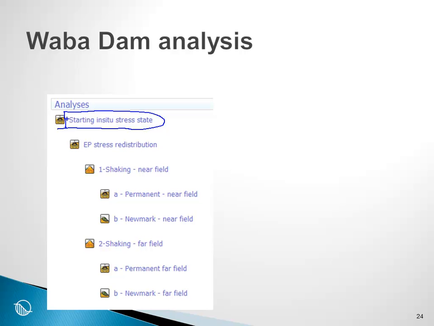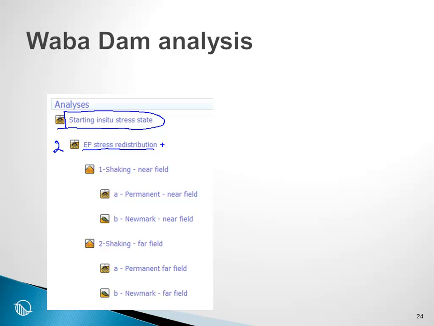The second step is to do an elastic plastic stress redistribution in SIGMA. When we do an in situ analysis, we may end up with some overstressed regions. In this particular case, we need to get rid of them and make sure that there are no overstressed regions before the shaking starts.